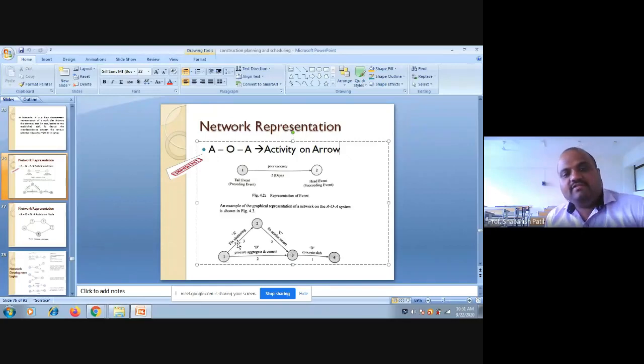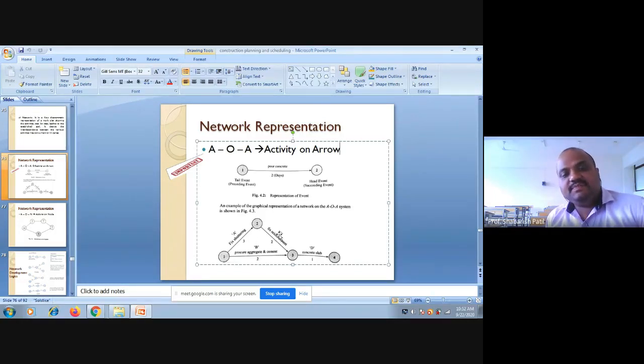Similarly, activity B is between 1 to 3, which is procurement of aggregates and cement, and it requires 2 units of time.